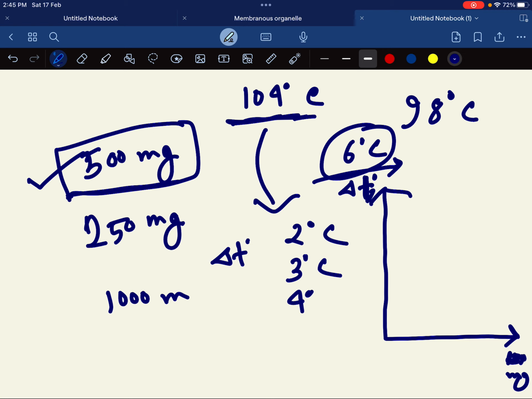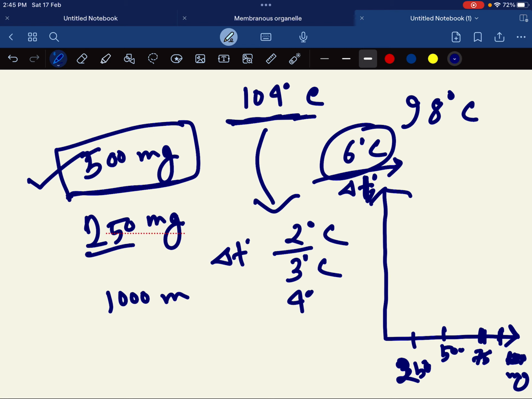So when you say 2 degrees Celsius, 3 degrees Celsius, these are doses: this is a 250 milligram dose, this is 500, this is 750, this is 1000, or 1 gram.